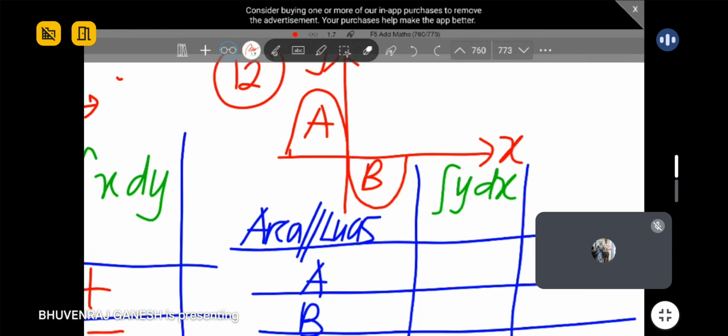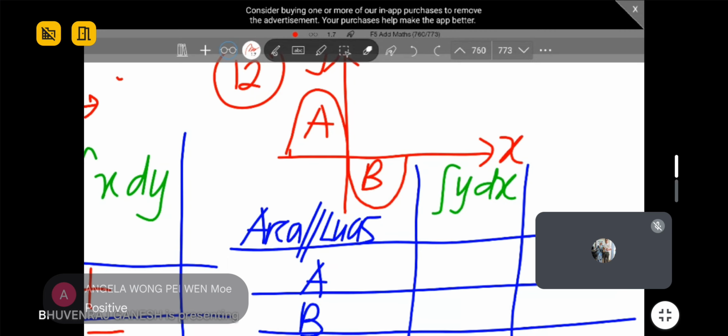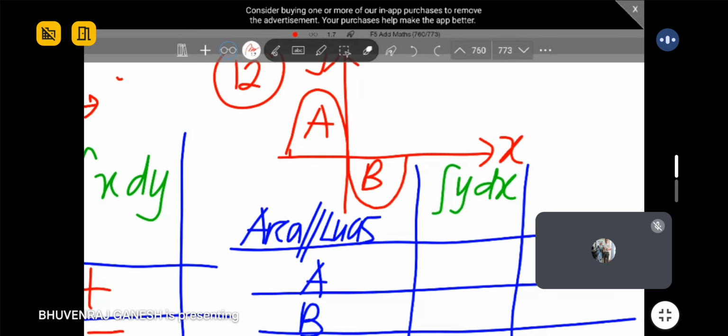Okay, so last one. Positive, negative. Which one? Hopefully more of you can answer also. Lebih banyak orang jawab pun bagus. Yang terakhir dah. Yang ni. Okay. So, yes. Positive.